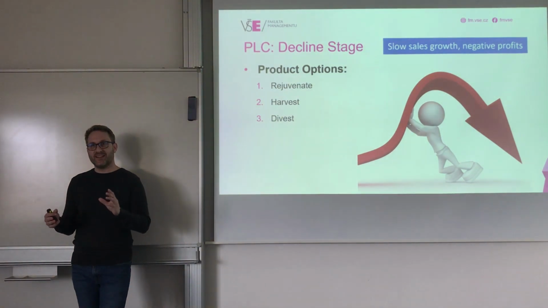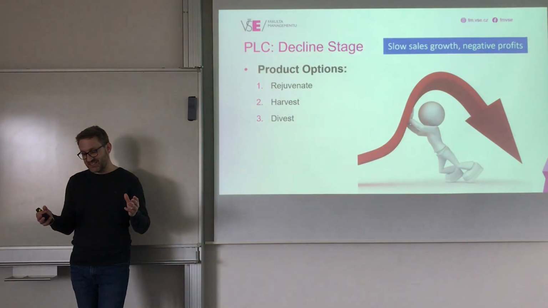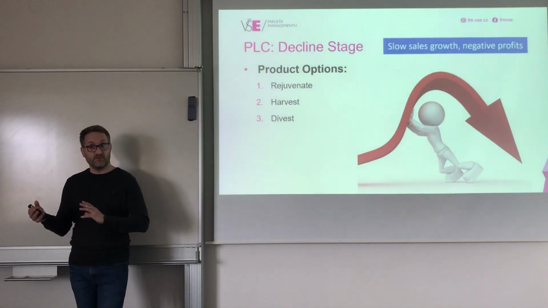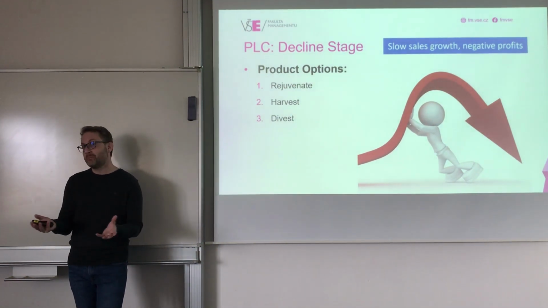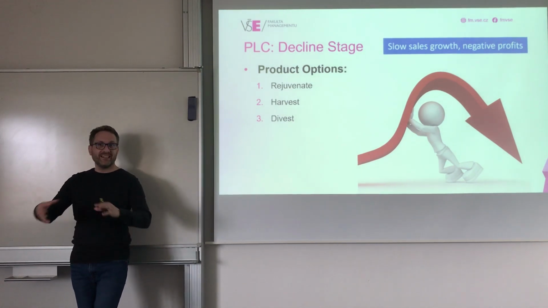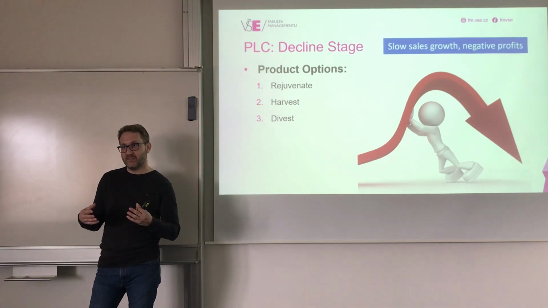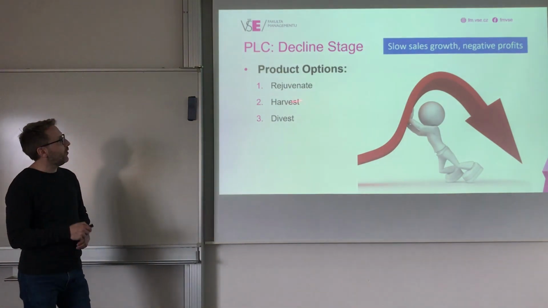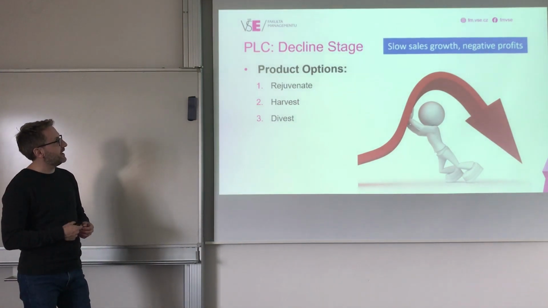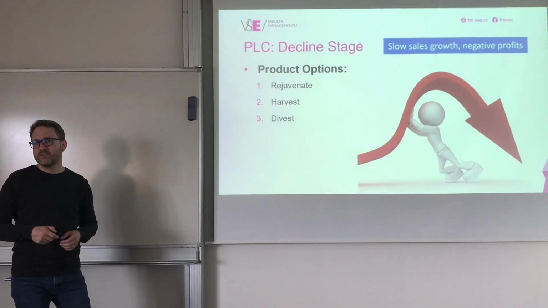You can do like a plastic operation in this case, like a facelift, for example. Okay, you change the appearance of the product. The inside will remain the same, but the outside will be different. So it could help. Or you can do the harvest, where you take all you have, or you can do the divest. And to be honest, I forgot what it means.